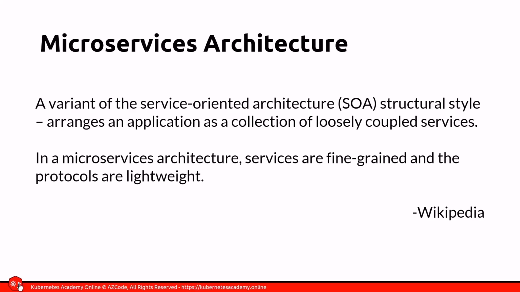So instead of a large monolithic system, we have multiple smaller pieces. In a microservices architecture, services are fine-grained, meaning that each of them has its own responsibilities, and the protocols used are lightweight, like an API exposed over HTTP or gRPC, for example.